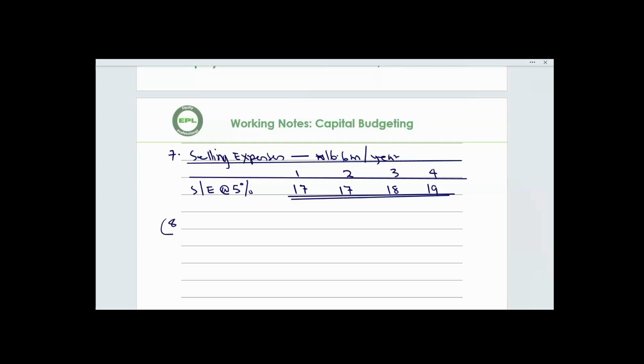Working number 8. We'll go back to the question. After selling expenses, you are given apportionment of head office cost, 5 million naira per year. Again, this is an apportionment. Head office cost is not relevant. You ignore it. Rental of building, 10 million naira per year, is not relevant because it's a fixed cost.